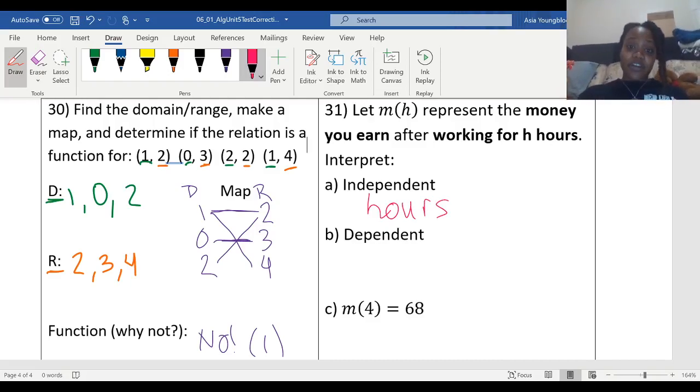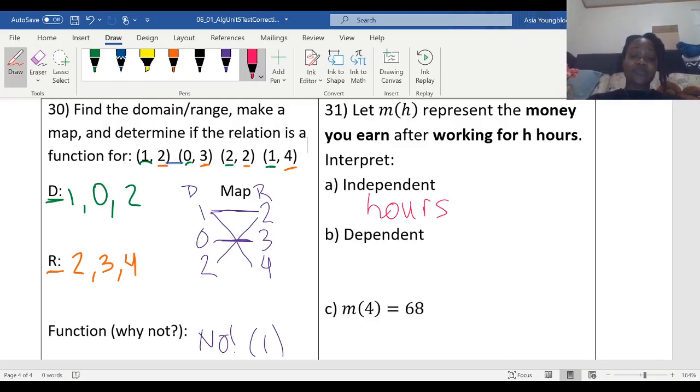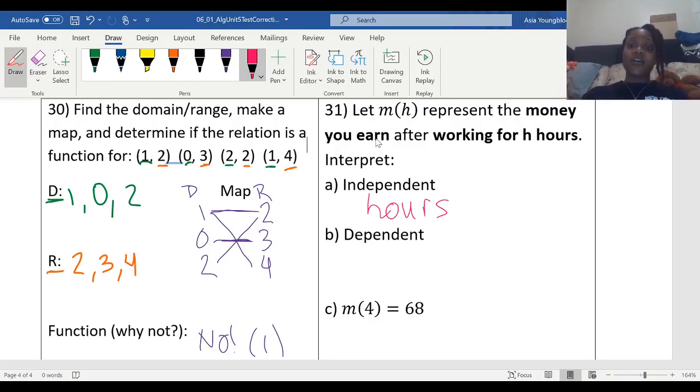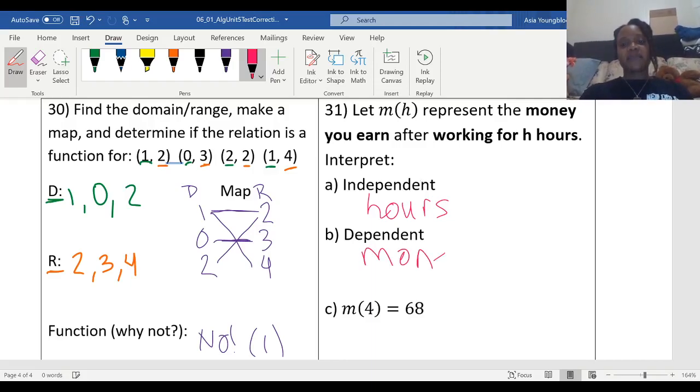while the dependent variable is going to be the other variable that's represented in the function, the M, which they said represents the money you earned. So dependent can just say money. So this equation, M of 4 equals 68, the 4 is inside of the parentheses, so it's the hours, and the 68 is what the function is equal to, so that's the money.